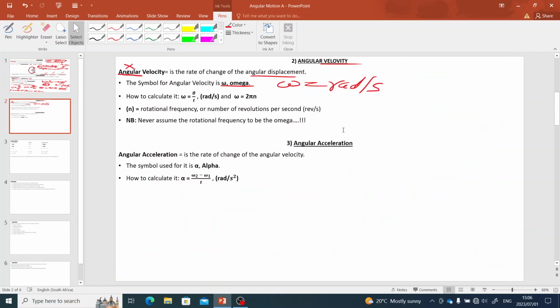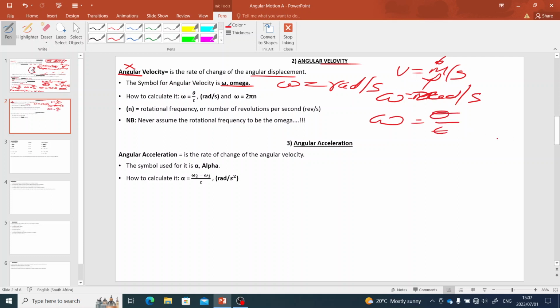Now, when we calculate the angular velocity, it is angular displacement over time, so it is rad per second. From the linear motion, it is V in meters per second. Rad is the same thing as your meters, but this time it will be rad per second, because motion occurs on the circular course. In calculating it, omega equals theta over time. Then the SI unit is rad per second.